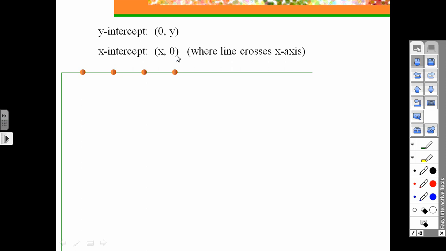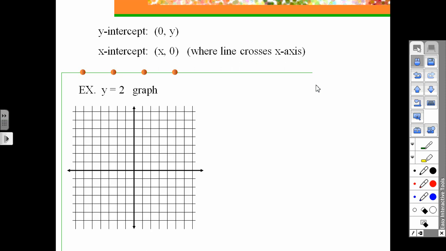All right, now there are 2 special cases of lines. There's a line that's going to be horizontal, like this, where it has y equals 2. If you look at this equation, we're not used to thinking of this as an equation of a line because there's no x. But when there is no x, that means x can be whatever it wants to be, but y is always going to be 2.